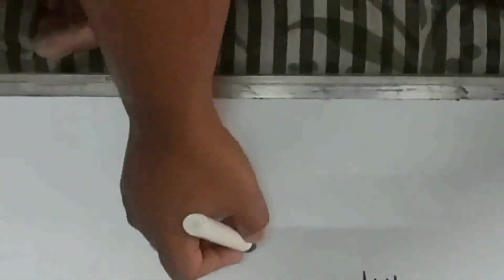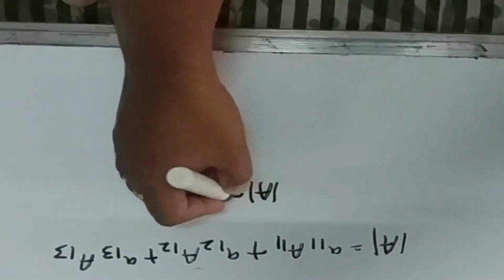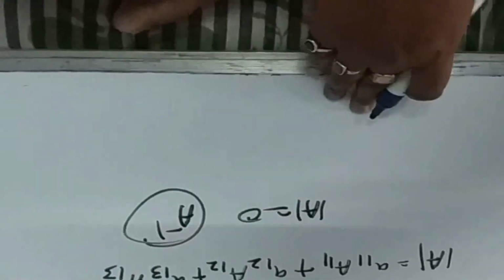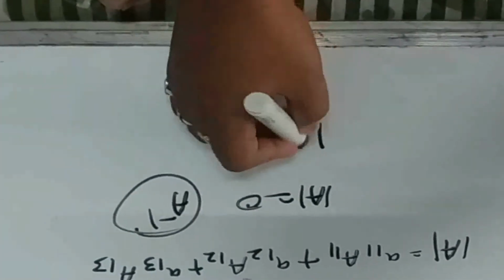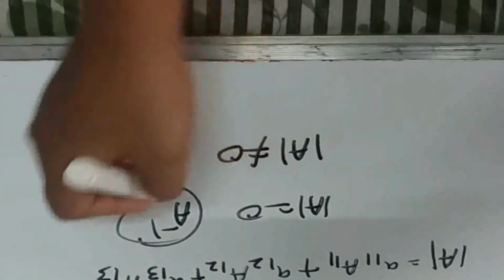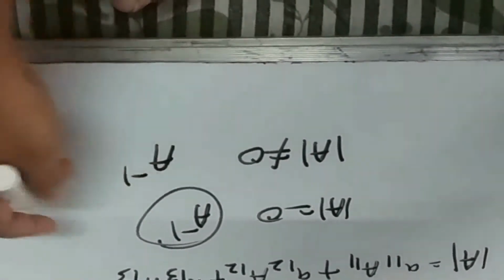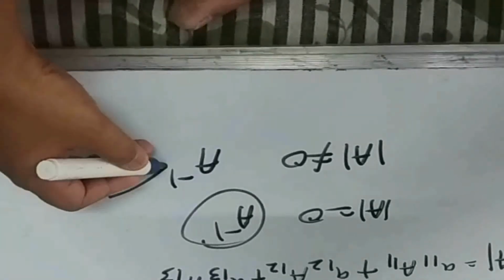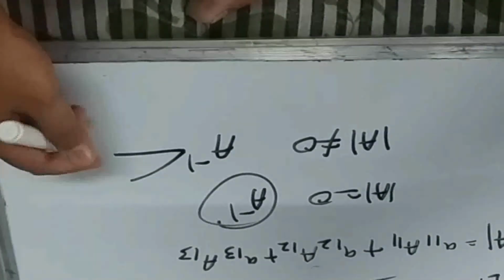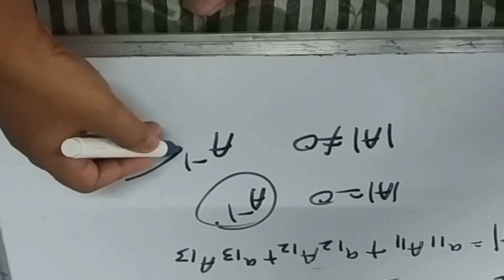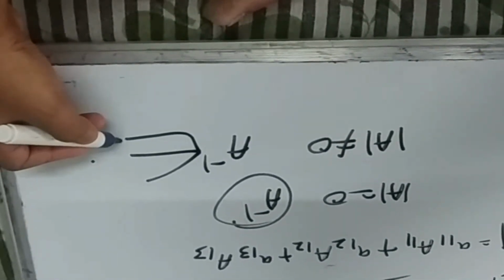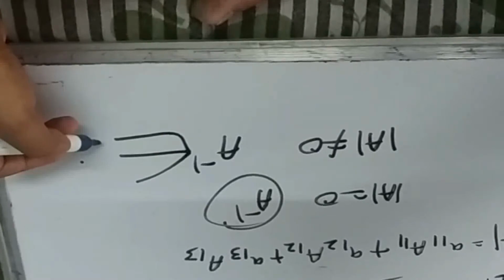If determinant equals 0, we cannot find the inverse, and if determinant is not equal to 0, we can find the inverse. Inverse by elementary operation, by using matrix equation, or by using the formula adjoint A upon determinant A. So 3 ways you have learned.